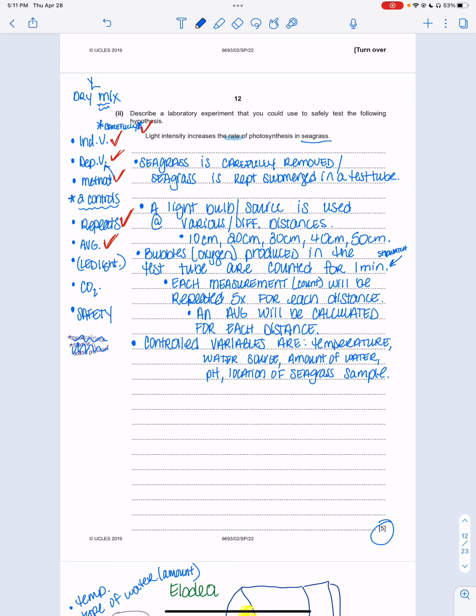Location of seagrass sample. Maybe amount. Okay, so I got my 2 controls.